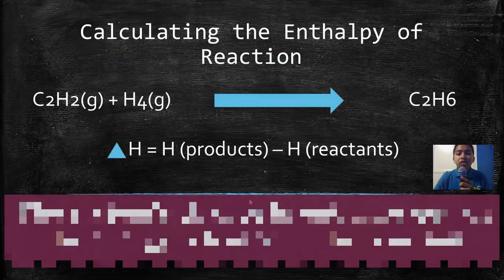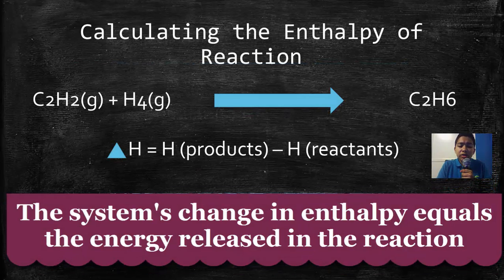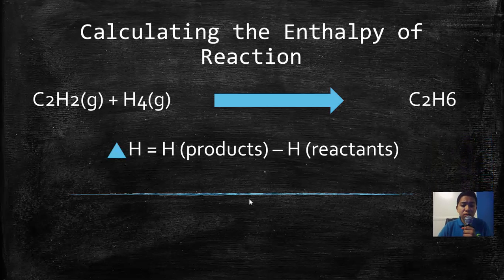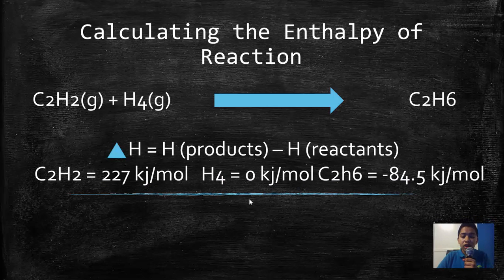So now let's calculate the enthalpy of reaction. To do that, we can subtract the reactants from the products. When I saw the enthalpy of formation chart, I was able to acquire some values for the reactants and products in our chemical equation. So C2H2 is equal to 227 kilojoules per mole, and H2 is equal to 0 kilojoules per mole, and the product C2H6 is equal to negative 84.5 kilojoules per mole.